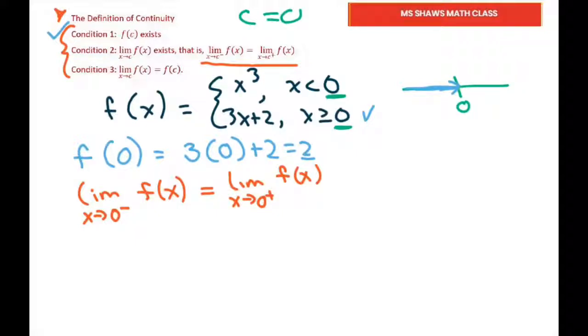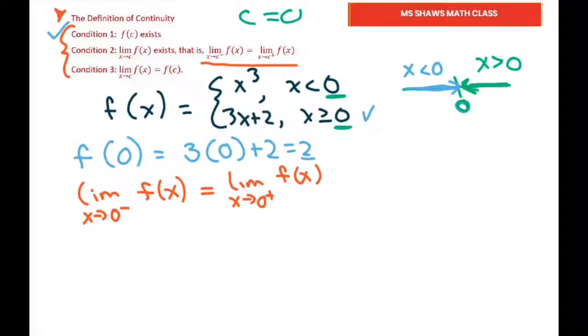What is it getting closer to, the y? These are all numbers less than 0. Now, if you approach it from the right, what is the graph doing on this side of the 0? These are all numbers that are greater than 0. So that's what we're going to test to see if they equal each other so they can connect.